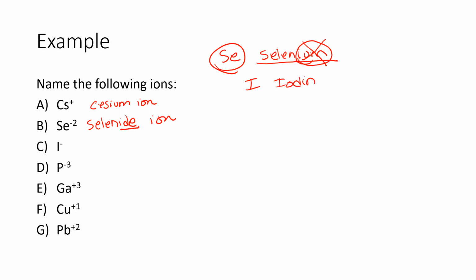If you write iodine, see how it's got the "ine" ending? And because it is negative charge, if I just say iodine, you're going to be thinking iodine neutral. But that's not what I'm saying here. I'm saying iodine with a negative charge. So this is called the iodide. We drop the "ine" and add the "ide" ending, iodide ion.